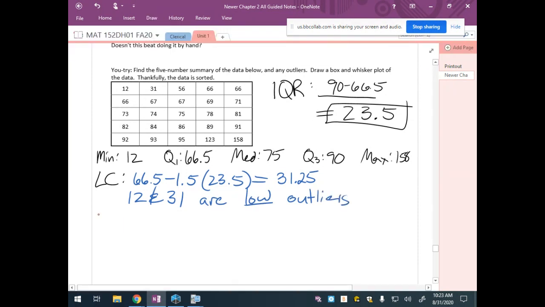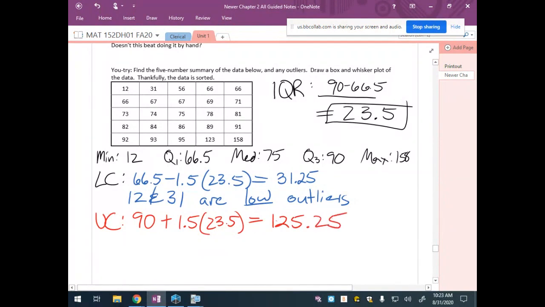Now, let's see if we have any high outliers. 90 plus 1.5 times 23.5. We get 125.25.